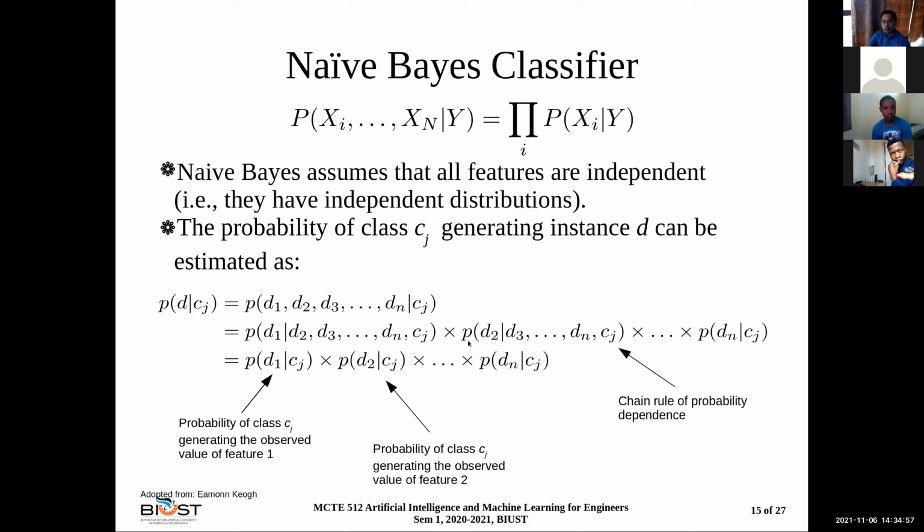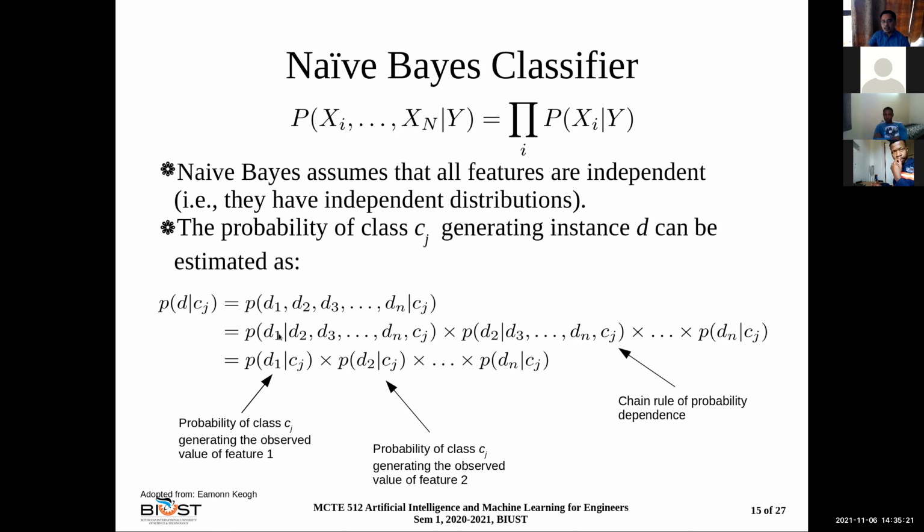On the second term, we take the probability of D2 given all the other features, multiplied by the probability of D3 given all the other features, until the probability of Dn given all the other features. This is how this dependent, or relative, probability can be expressed mathematically.